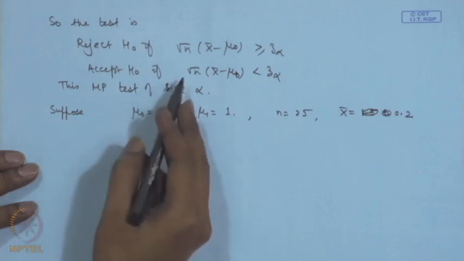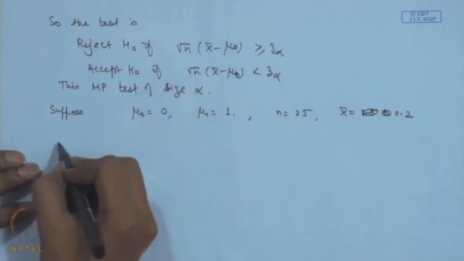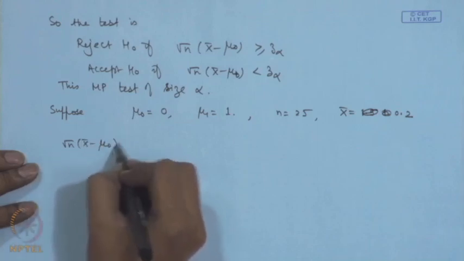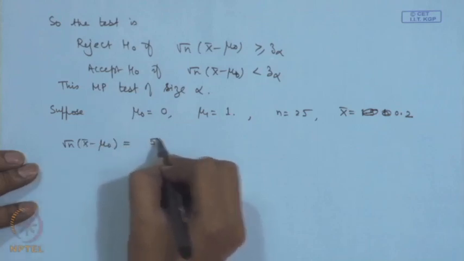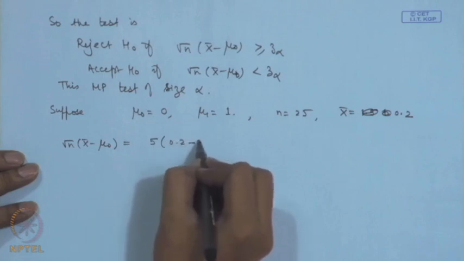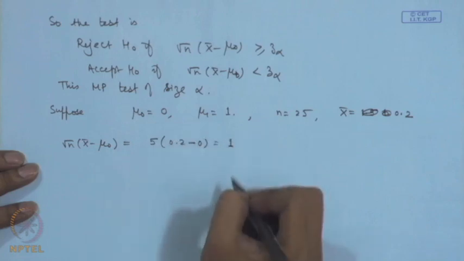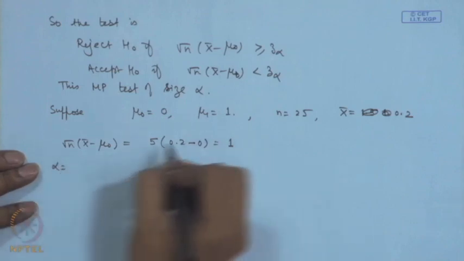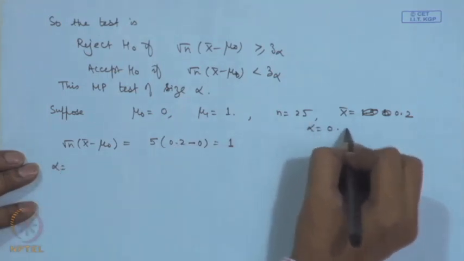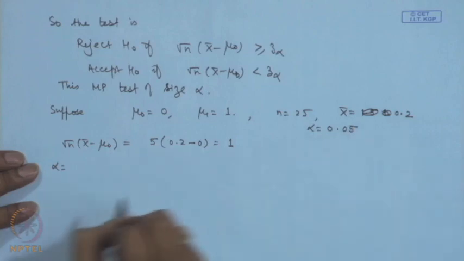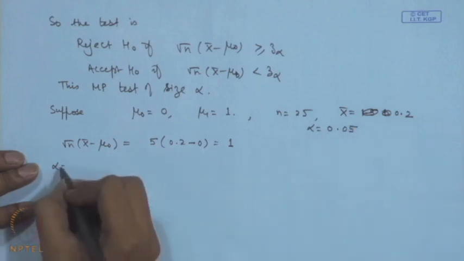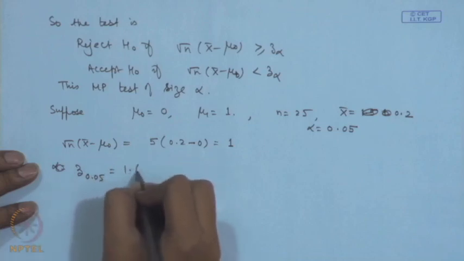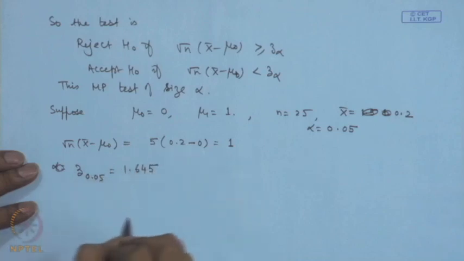In that case, let us calculate this quantity root n x bar minus mu naught, that is equal to 5 times 0.2 minus 0, that is equal to 1, and let us consider say alpha is equal to 0.05. If I take alpha is equal to 0.05, then z of 0.05 is equal to 1.645.